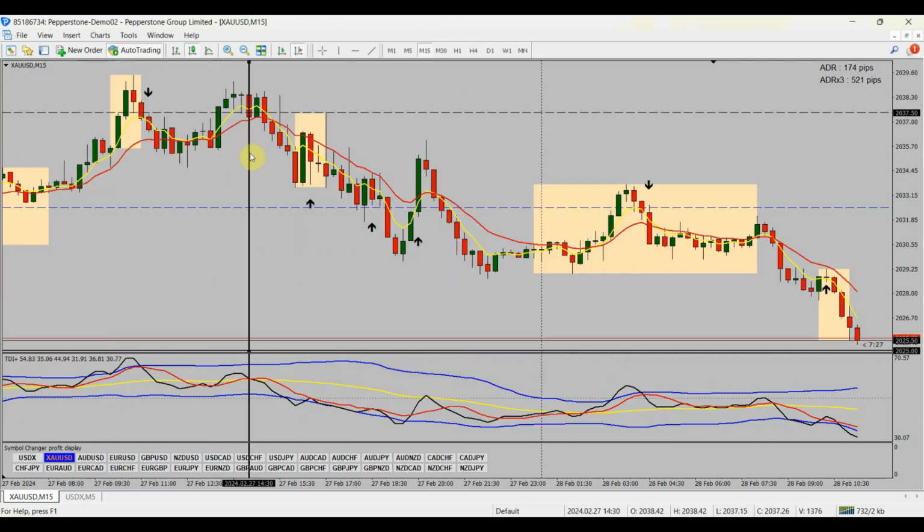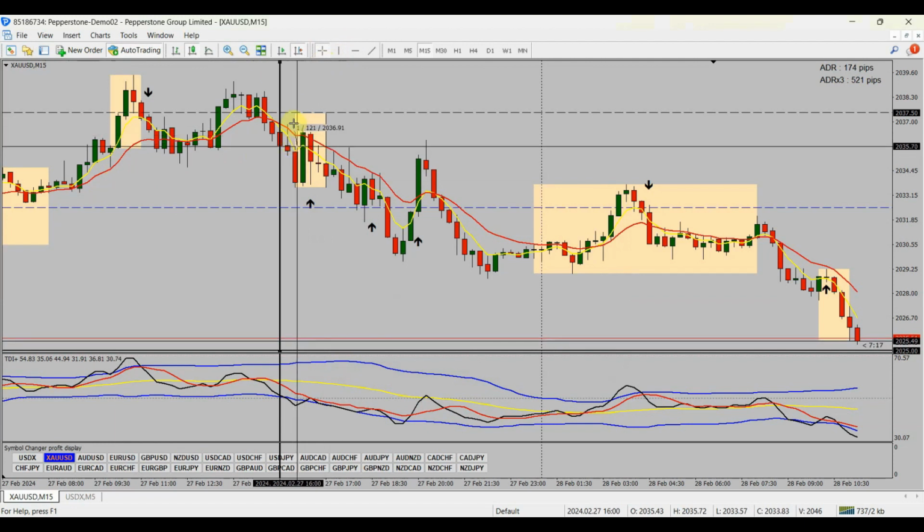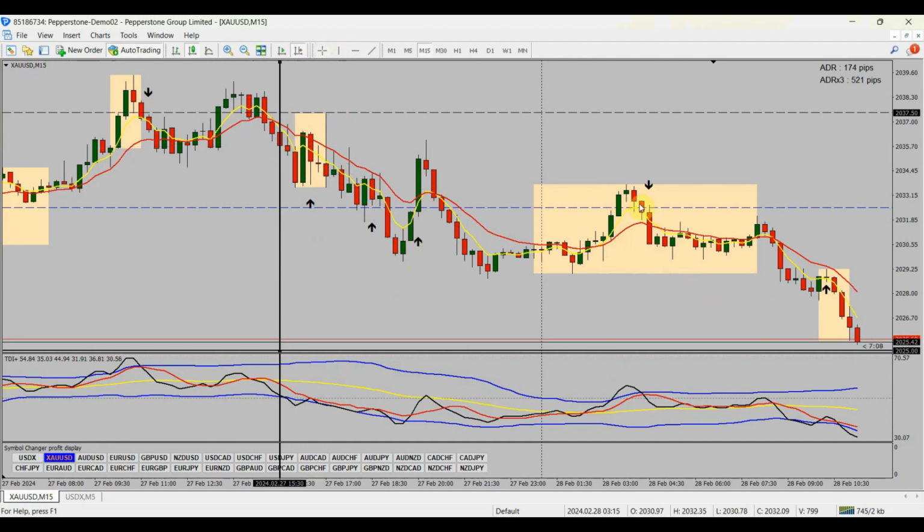I can say, okay, when my 5 and my 13 crossed on this candle, this was a perfect entry. We had a pullback of 18 pips, and we had over 50 pips to capitalize. If we're still holding it, we'd be up over 100 pips.